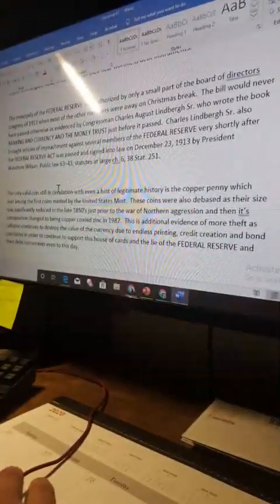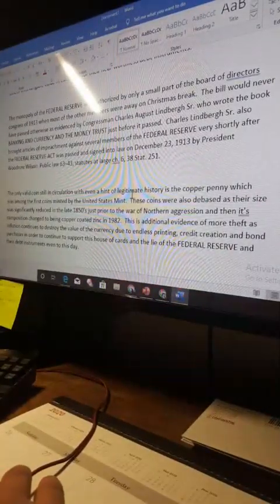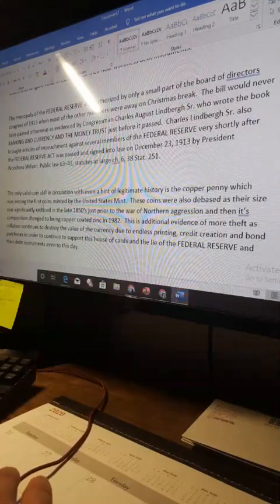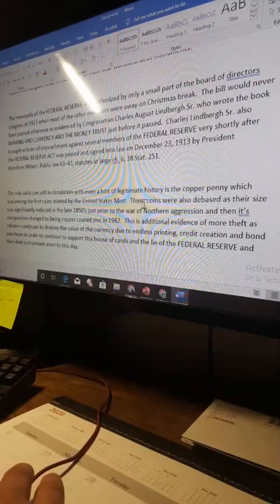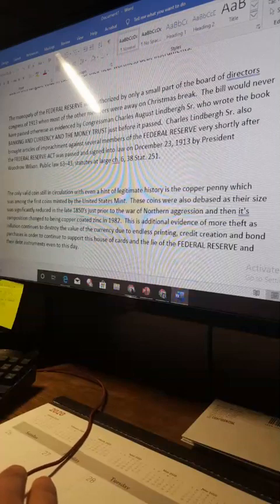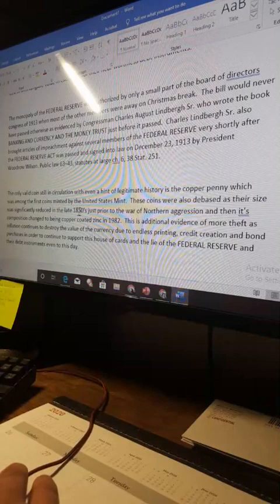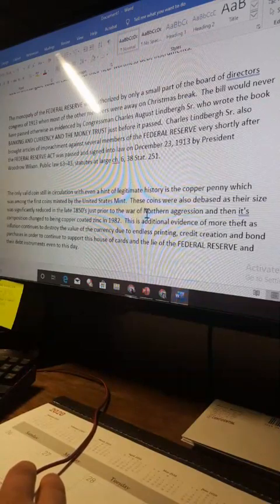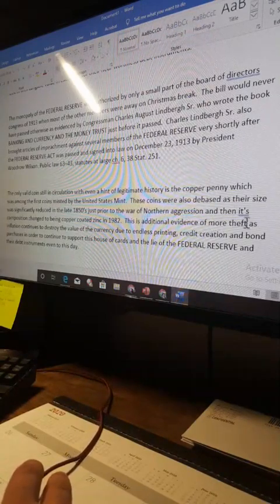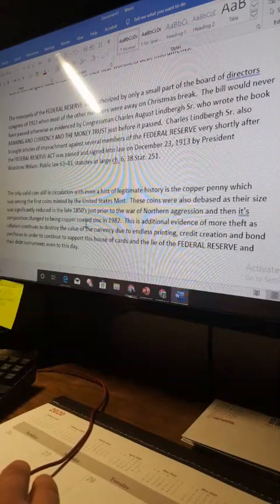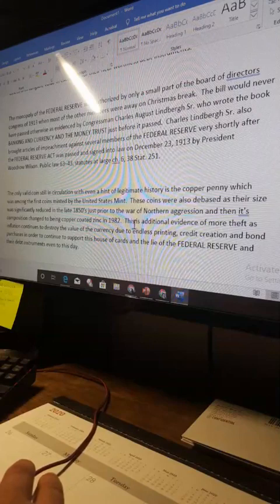The only valid coin still in circulation with even a hint of legitimate history is a copper penny, which was among the first coins minted by the United States Mint. These coins were also debased as their size was significantly reduced in the late 1850s, just prior to the War of Northern Aggression, and then its composition changed to being copper-coated zinc in 1982.